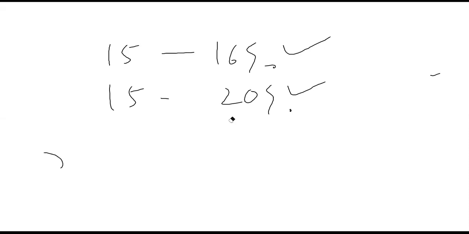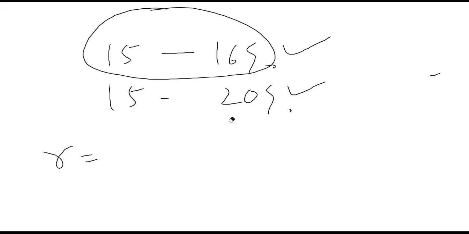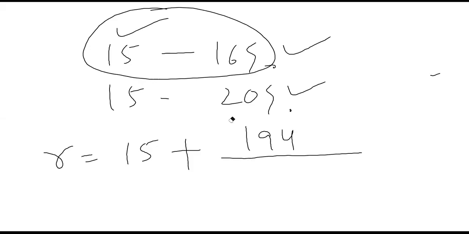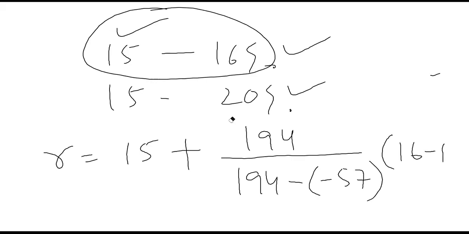So if you are finding IRR, suppose you are using 15 to 16%. It is 15 plus NPV at the lower rate, that means 194, divided by NPV at lower rate minus NPV at upper rate, into RU minus RL.